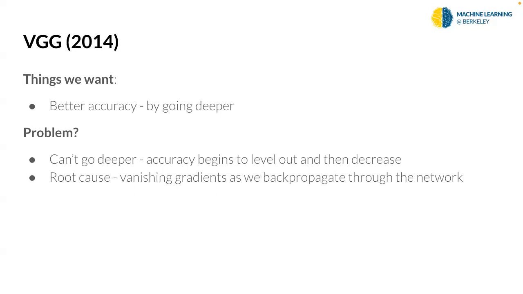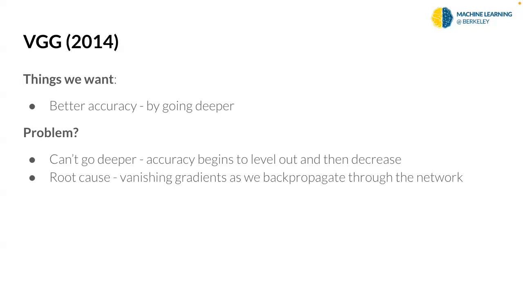Right. The root cause, I'll give it away, is actually vanishing gradients. The way to think about it is, let's say we have 50 convolutions stacked together. As we backpropagate all the way from the loss, which is at the very end of our network, all the way up to the beginning of our network, our gradients become very, very small.